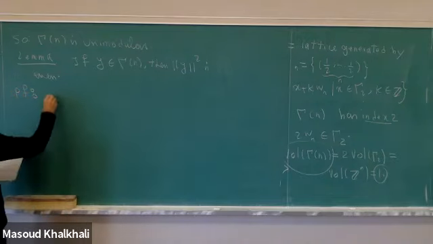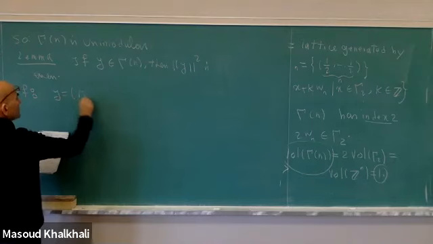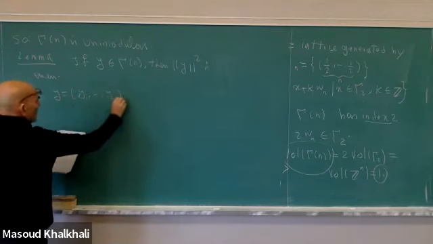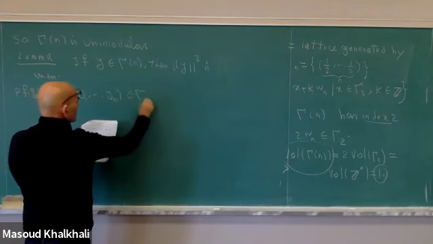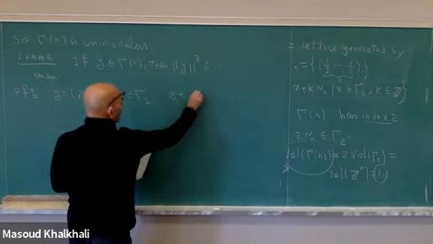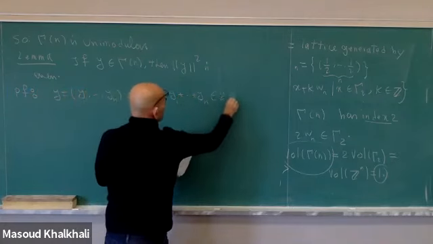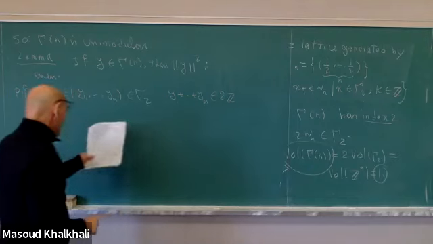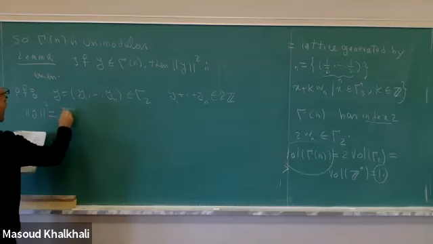Let's take y equal to y1, ..., yn belonging to gamma 2. So it means that y1 plus ... plus yn is even. So the norm of y squared is equal to the sum of yi squared.